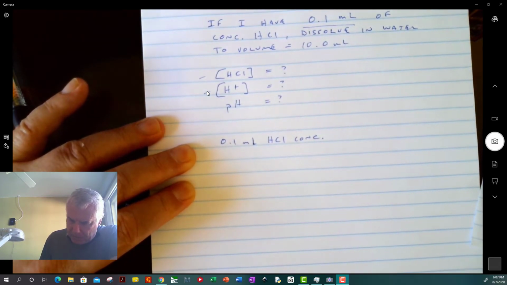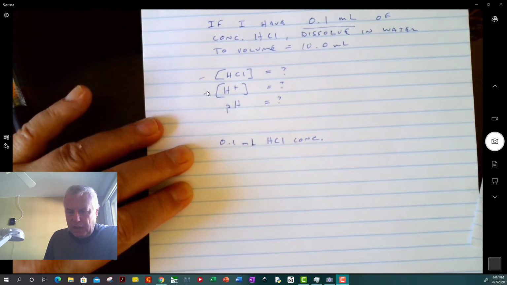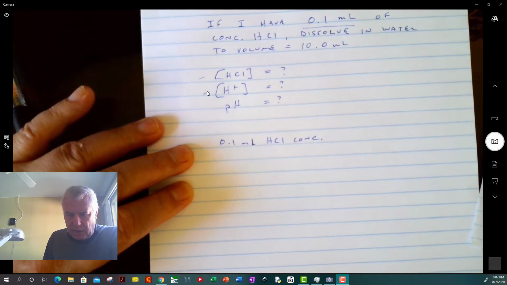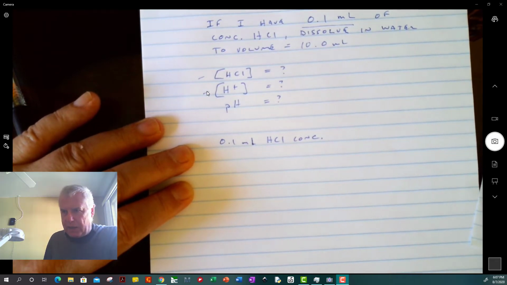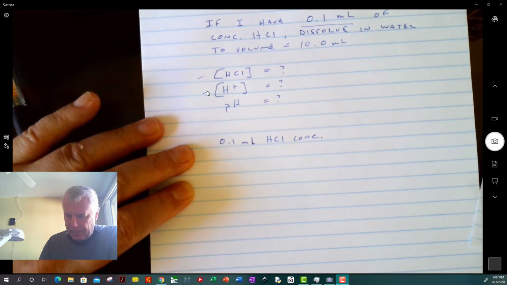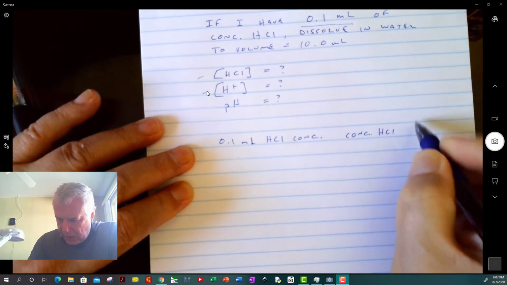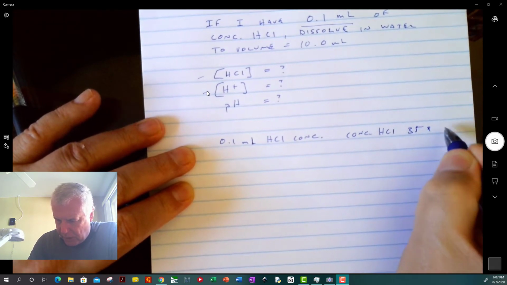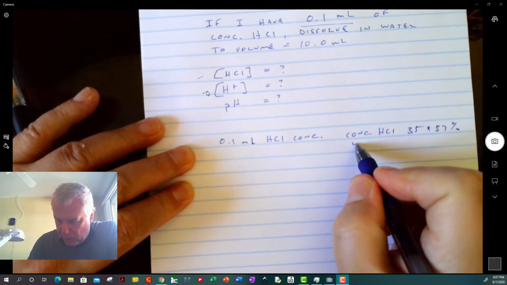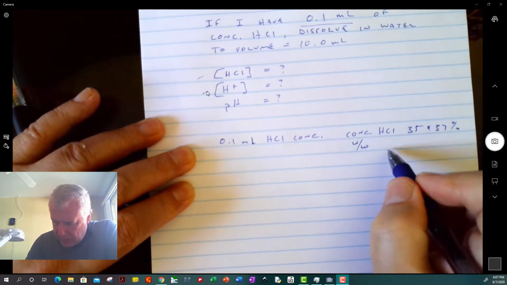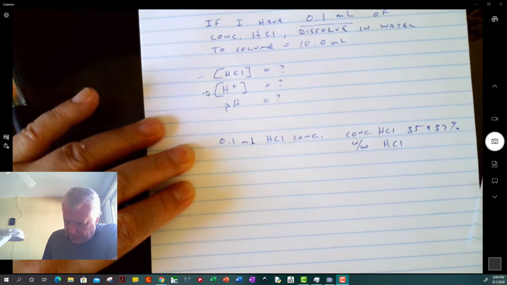Now, concentrated HCl is sort of a standardized material. It's not exactly, but it's close, because it's between 35 and 37% by weight in HCl.